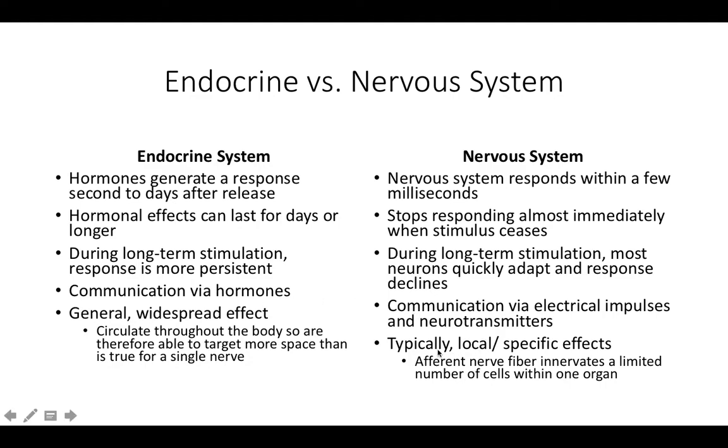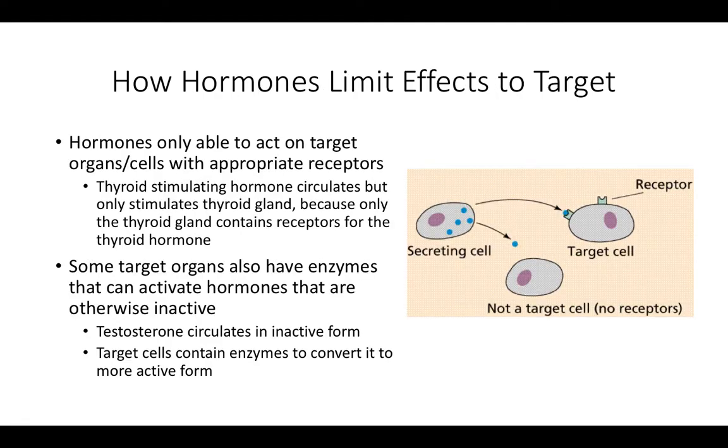Right, we have a spinal nerve that leaves the spinal cord and it's going to arrive to some target organ, and then we have a nerve fiber within that nerve that's going to target one specific limited number of cells within that organ. And so in that way, the nervous system has a much more specific or local effect as compared to the endocrine system, where we have hormones like growth hormone that are circulating and can target a whole bunch of tissues like muscles, bones, and the liver, as we'll see as we talk about growth hormone.